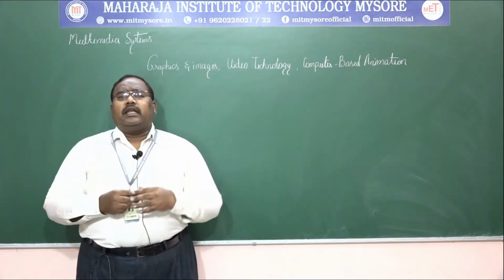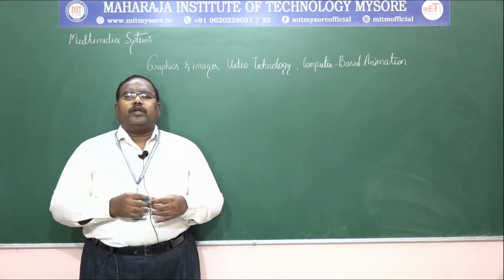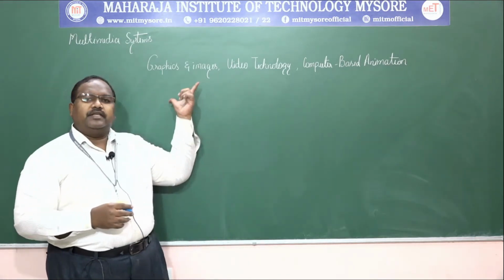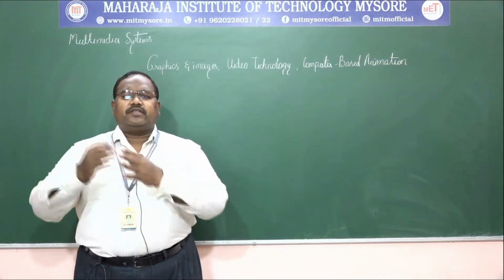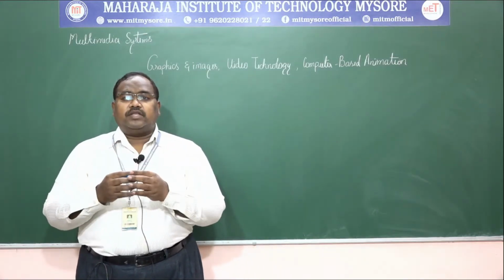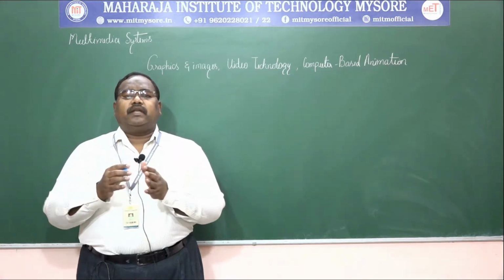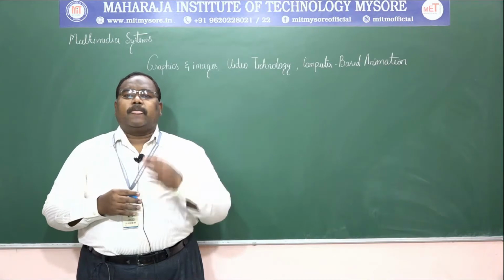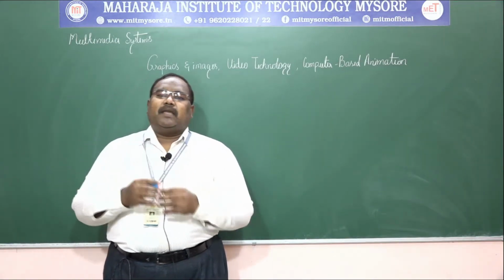Let us see what are the things that would be covered in this session. When we talk about graphics and images, we will be discussing the capturing of graphics and images. So how the images are captured, how the graphics are captured, all the parameters associated with it will be discussed. Next we will move to computer assisted graphics and image processing.